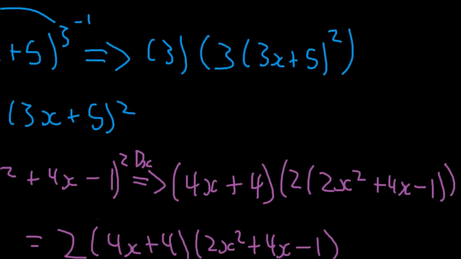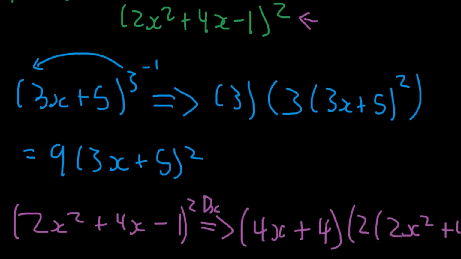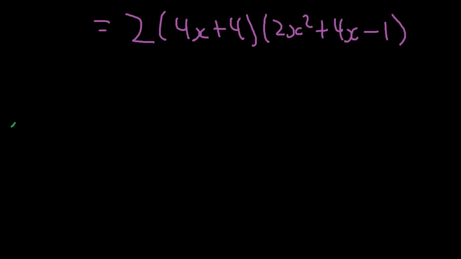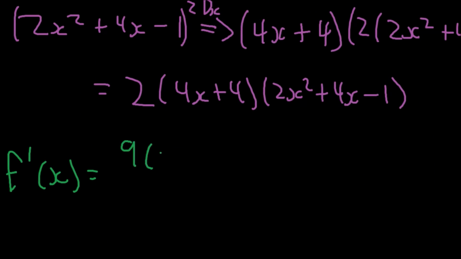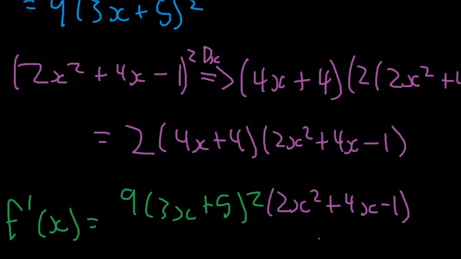All right. So now we have this written out in green. So let's write this out now in green again. F prime of x equals f prime, which is 9 times (3x plus 5) all squared, multiplied by (2x squared plus 4x minus 1).